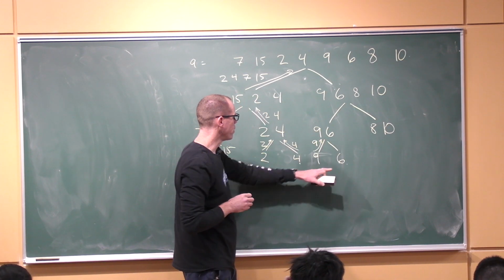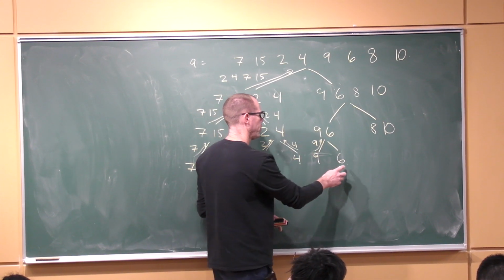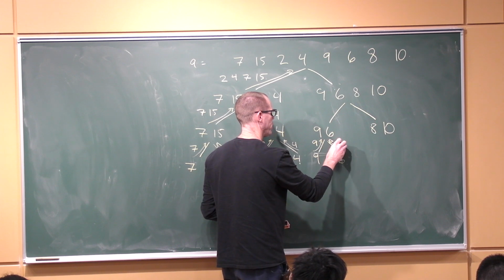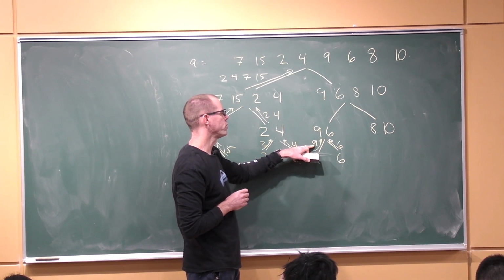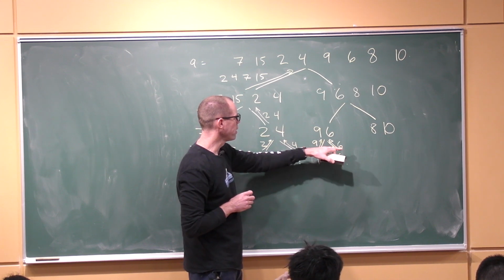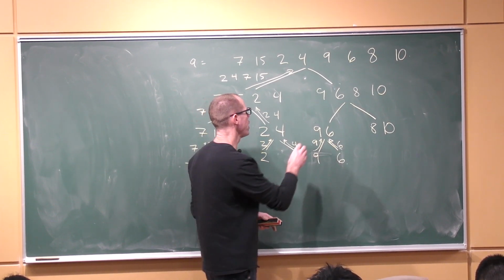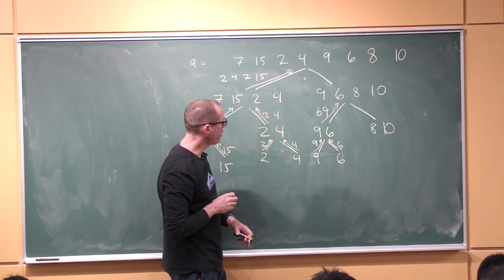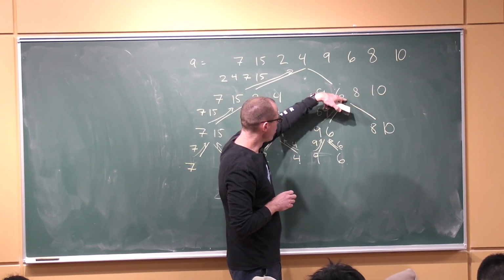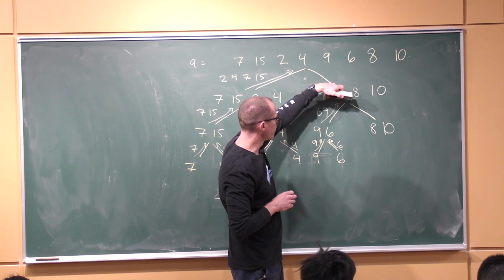It immediately returns just one element. 6 also is trivial. When we sort the second half, we get 6. And now we merge these two sorted lists, the list containing 9 and the list containing only 6, to get back the sorted list 6, 9. Now up here, we've recursively sorted the first half.